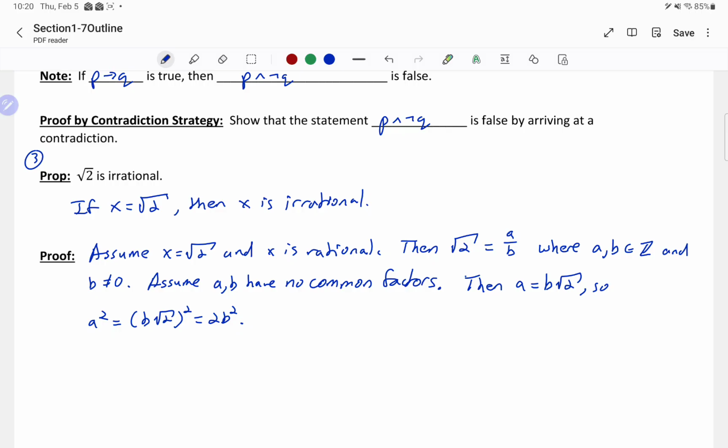So what does this tell me about A squared? A squared is equal to 2B squared. A is even. Or, yeah, A squared. Well, what we know right now is A squared is even. Yes, so let's write it this way.